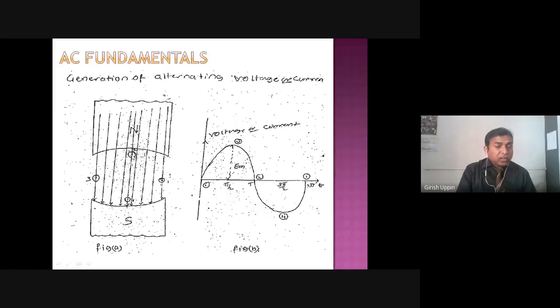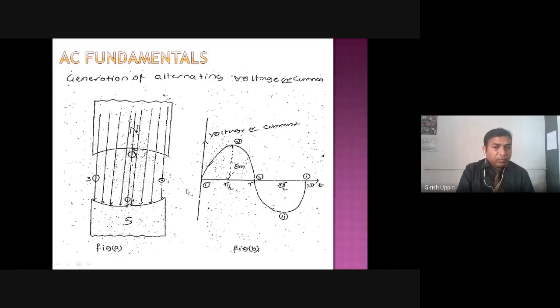When the flux linked with a conductor is maximum, when it is cutting maximum flux, then the EMF induced in that conductor is also maximum. So let us say the EMF produced at that time is a peak value, that is the maximum value, because that is the maximum flux it can cut.